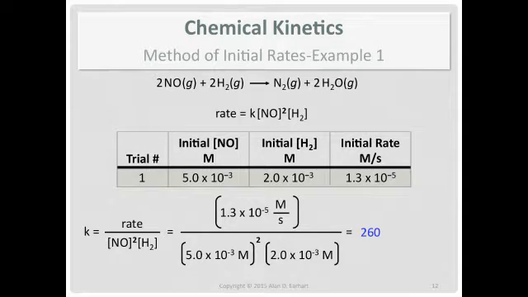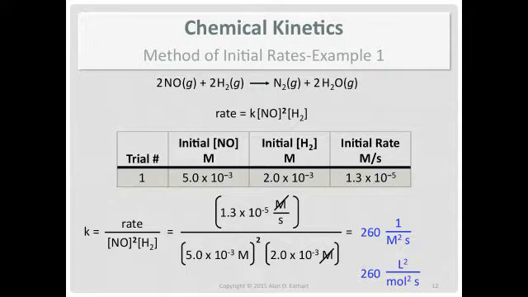I get 260. What about the units? Well, a molarity cancels in the numerator and denominator, so we're left with units of reciprocal molarity squared seconds. If you want to break down the molarity into moles per liter, you would write it like this.